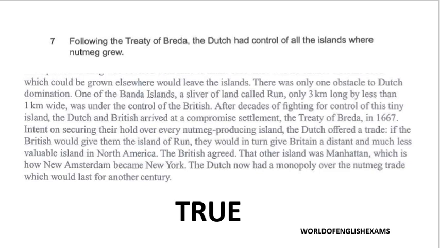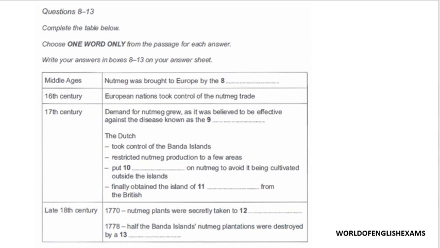I hope you understood how to answer true, false, not given questions. Now quickly let's proceed to the next set of questions, that is table completion. Just like the note completion questions, here you need to worry about the word limit only, which is one word only. That is, all the answers have to be written as a single word answer.